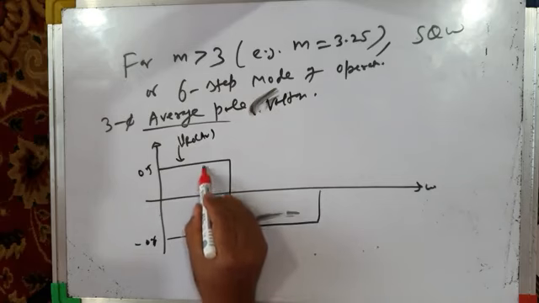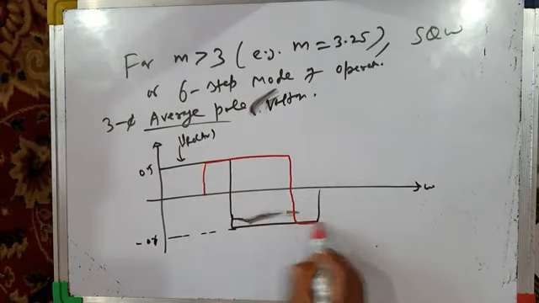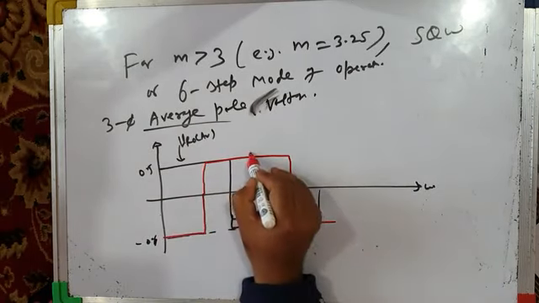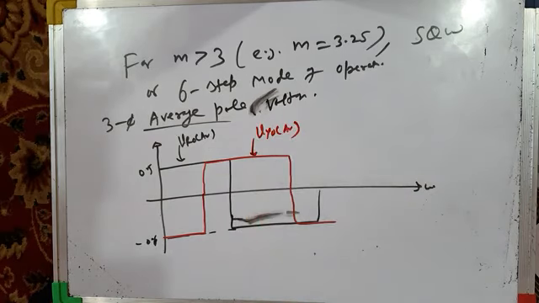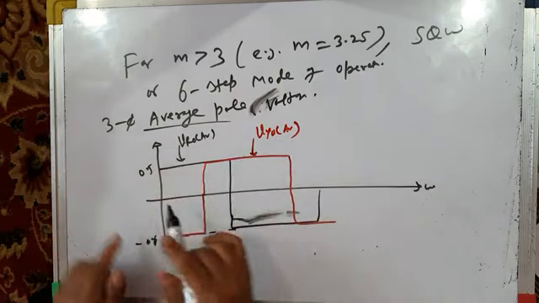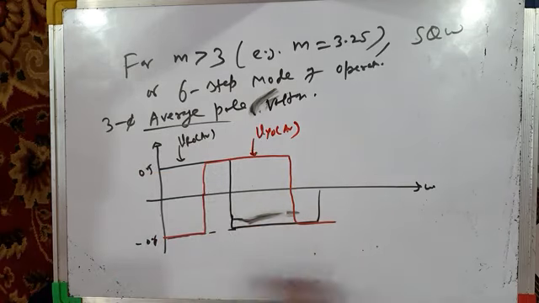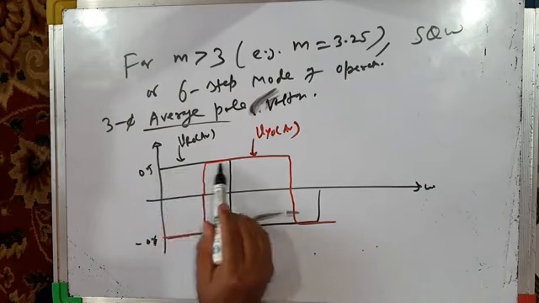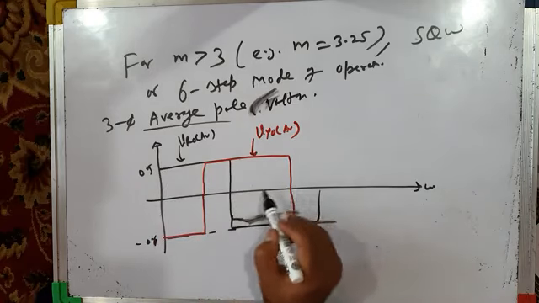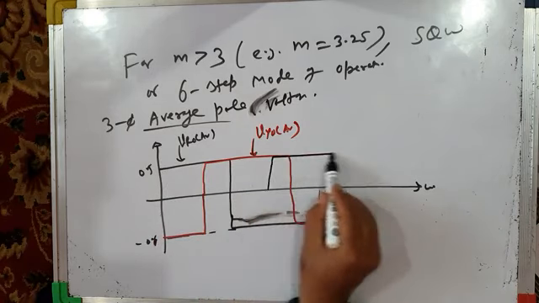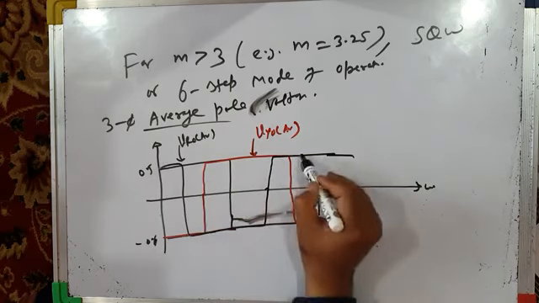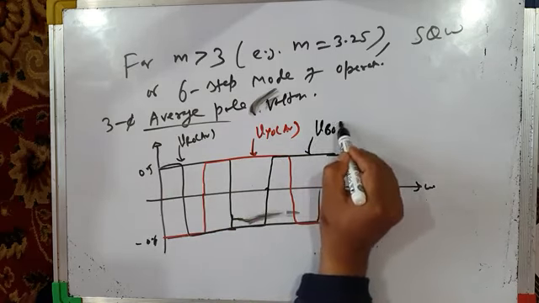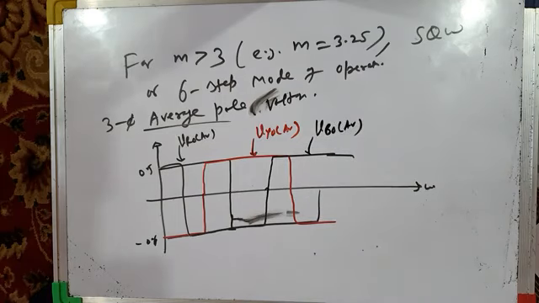VYO average will be like this. This is VYO average. And so for entire period, there is no switching at all. No phase switches. And this is VBO average. These are average pole voltages.